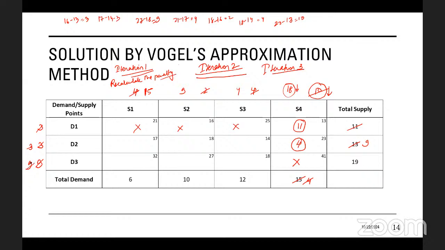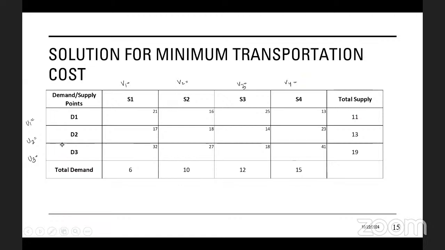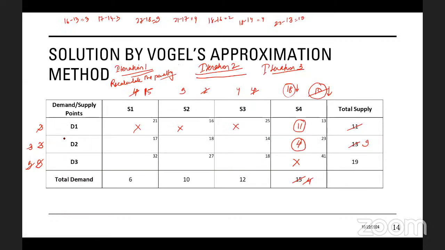For row D2, the least cost now is 14 minus 17, so this becomes 3. The next one is 18 minus 27, so this becomes 9. For S1, it's 15. For S2, it's 9. For S3, it's 4. So for S1, 15, here we have to make the allocation.